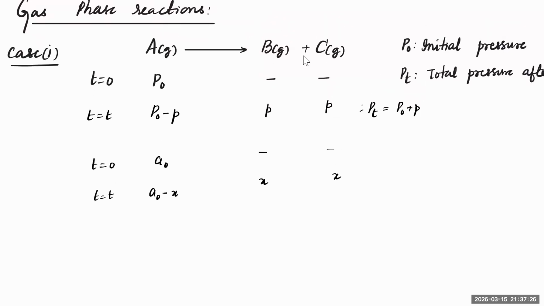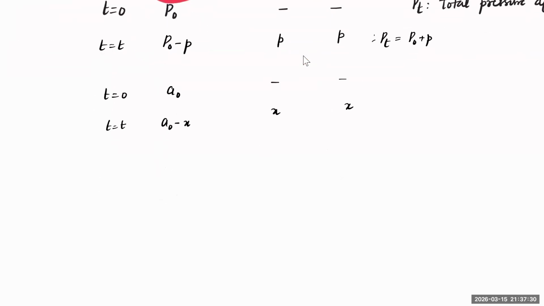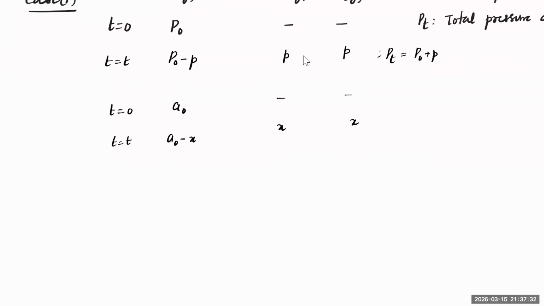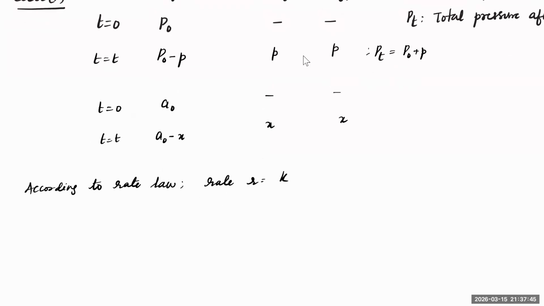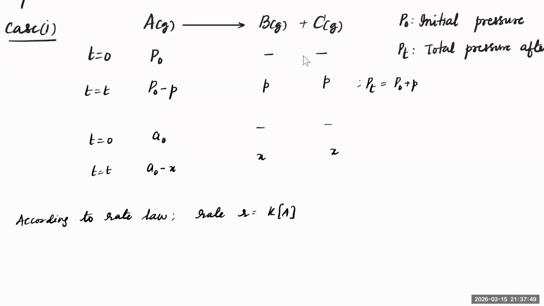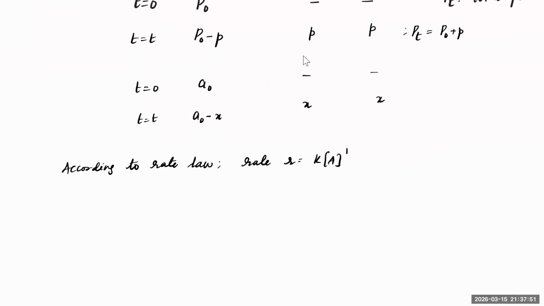And remember, if A is following first order kinetics for this reaction, then according to the rate law expression, I can write rate R is equal to some constant into A raised to power of 1, isn't it?